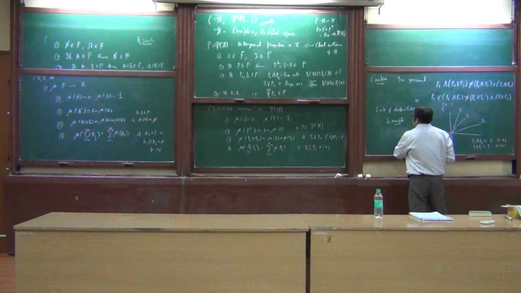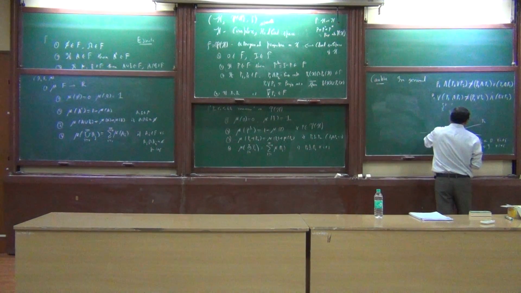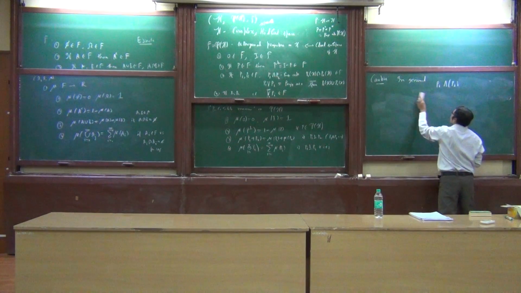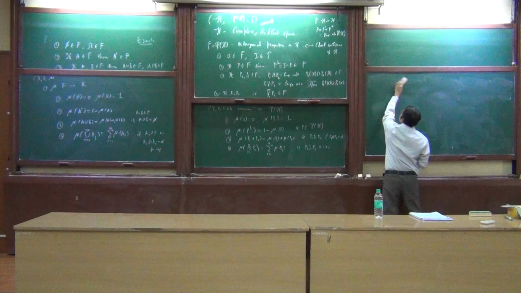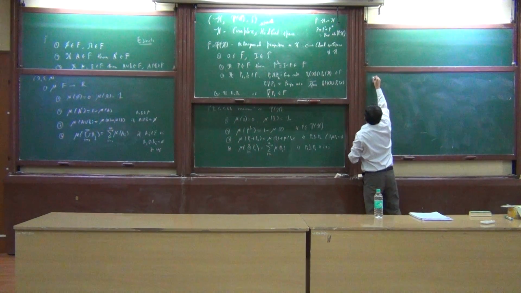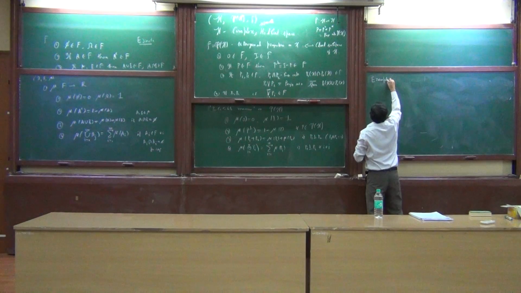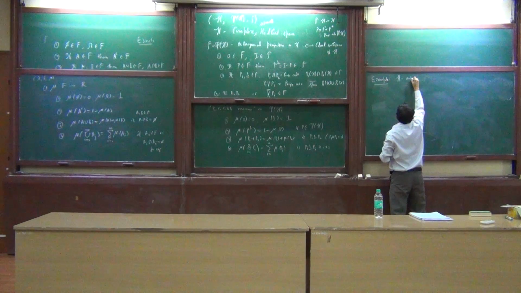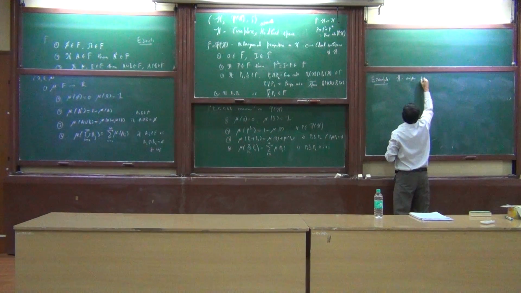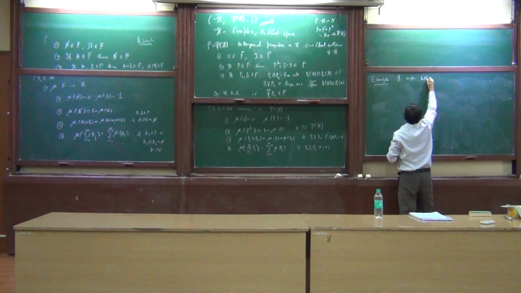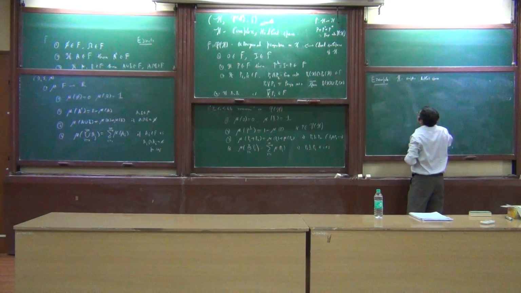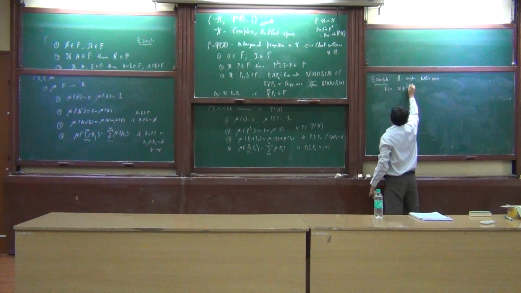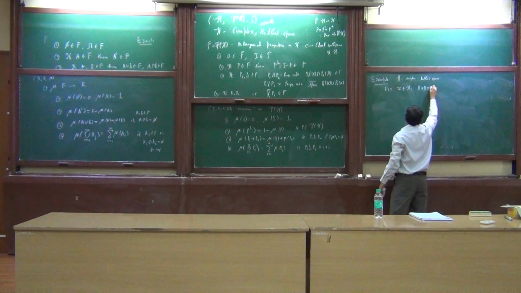Okay, here is an example. Take some Hilbert space. You can take separable, finite dimensional, no problem. So fix a unit vector u belonging to H with norm of u equal to 1.